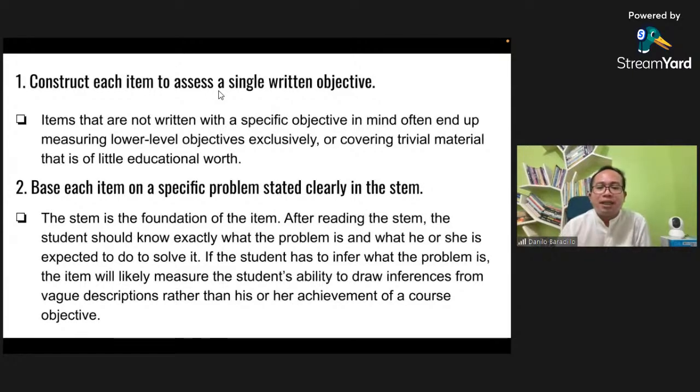And of course, the stem should be in a complete sentence, as I was saying. So reading the stem, it should propose a problem, so the student would already know what the problem is and what he or she is going to be expected to do and solve. If the student has to infer what the problem is, the item will likely measure the student's ability to draw inferences from vague descriptions rather than his or her achievement of a course objective.